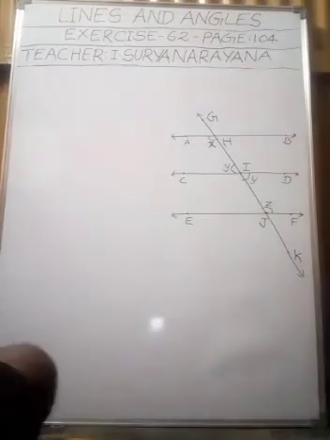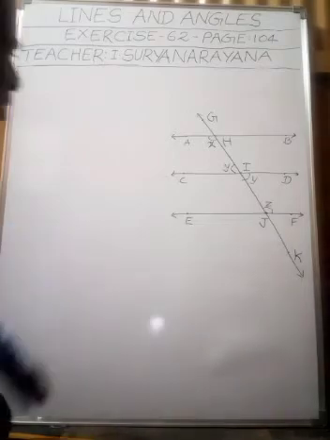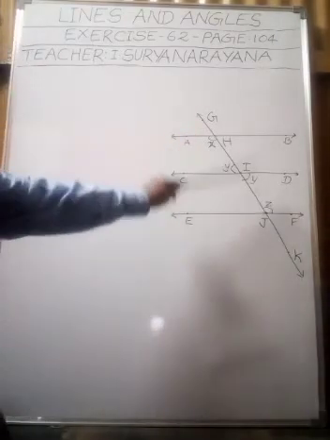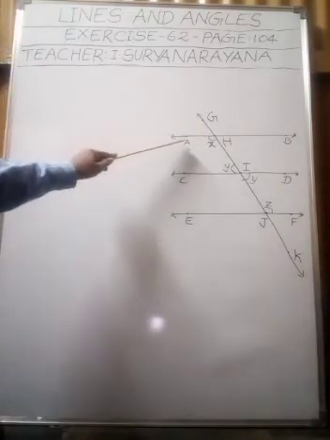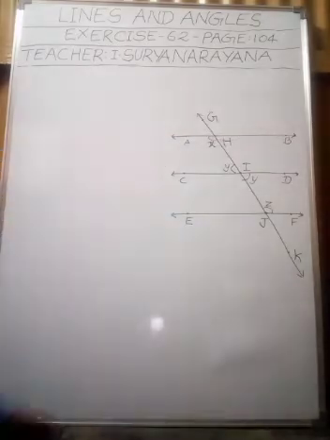Right. Now, observe this figure, my children. We proved AB is parallel to EF.